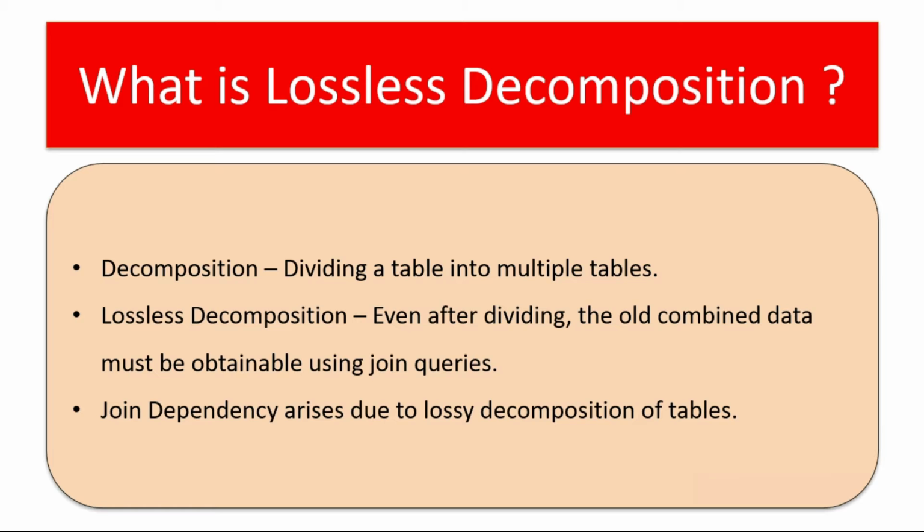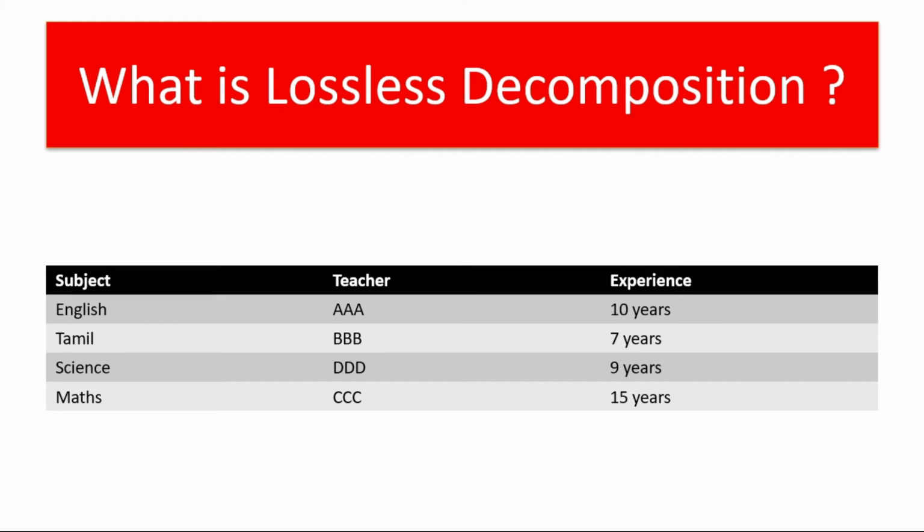So what is lossless decomposition then? Even after dividing, if we are able to combine all those divided tables using a join query and get back the old data, then that is called lossless decomposition. So join dependency arises due to lossless decomposition of tables. For example, let us take this table.